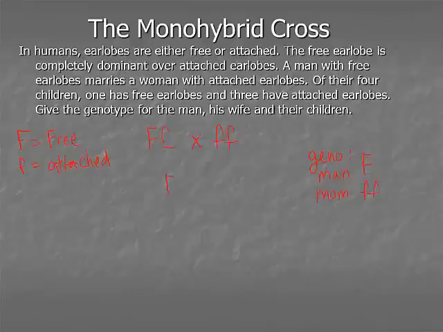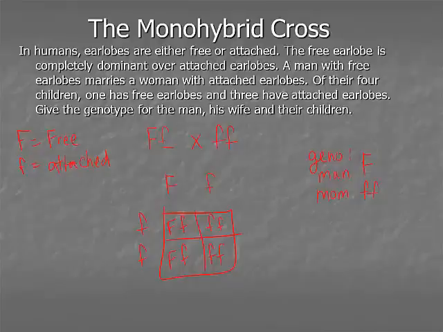Which means if we cross a heterozygous individual, such as the father is, with a homozygous individual for the recessive trait, such as mom, we see a Punnett square with a 50-50 chance of either free earlobes or attached earlobes.